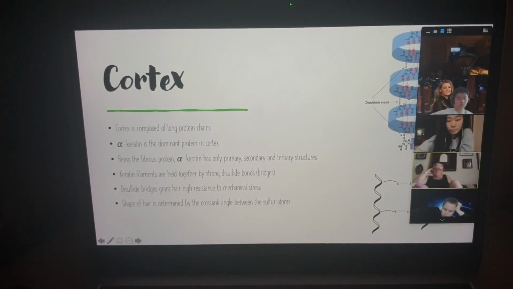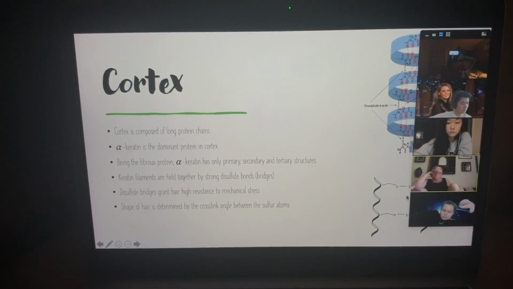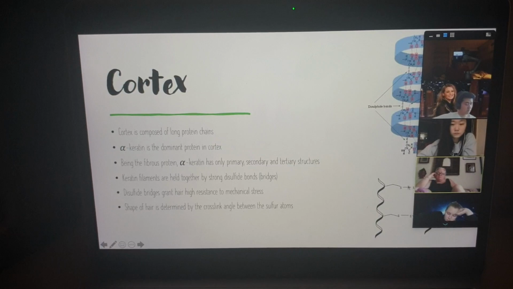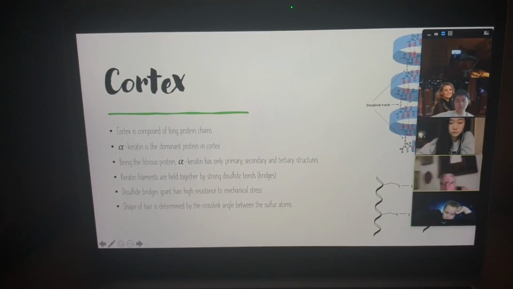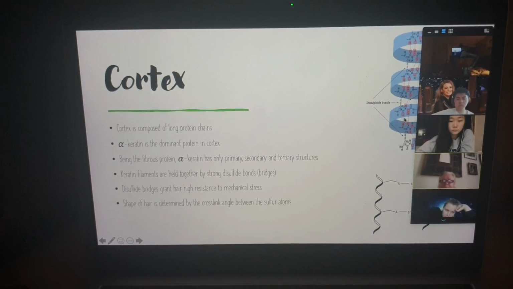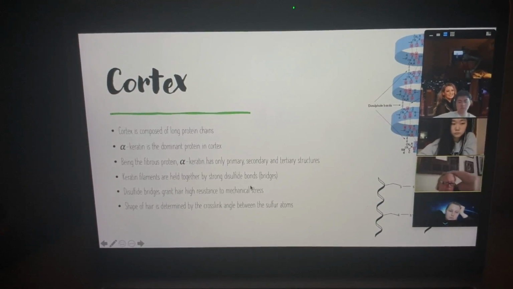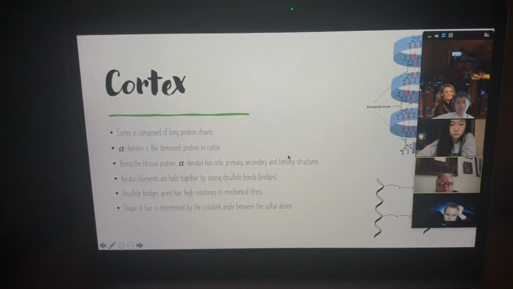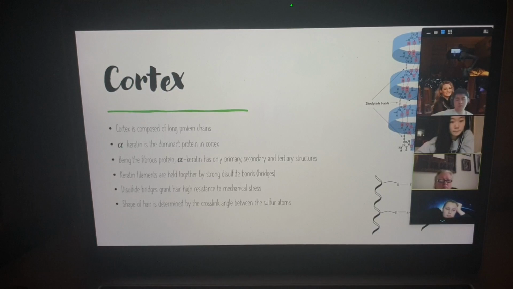An important piece of information is that keratin filaments are held together by disulfide bonds. Actually, there are also hydrogen bonds, but they're not the strongest and most important bonds here. A disulfide bond is covalent. It's not as strong as a carbon-carbon bond or a carbon-hydrogen bond, but its collective strength is doing its job.